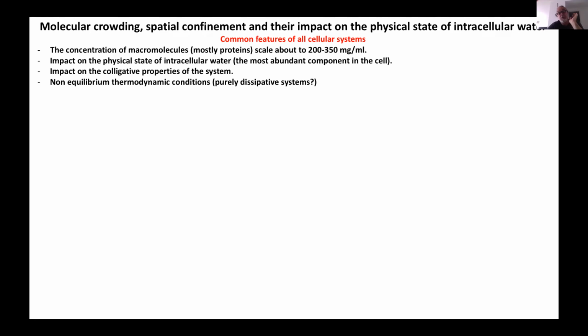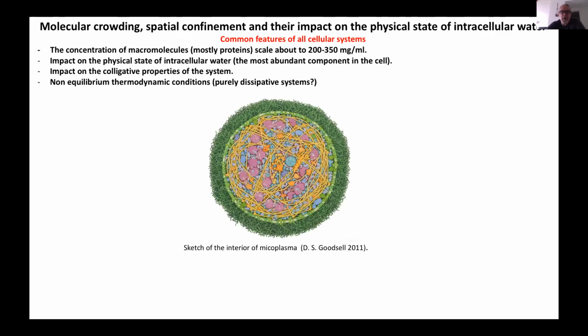And it also leads to some thermodynamic considerations about whether you can really consider the system as purely dissipative. When I'm talking about crowding, I'm talking about something like what I show you here. This is a sketch of the interior of a mycoplasma. If you try to locate water molecules in between the macromolecules inside the cell, in one dimension you are talking about no more than 10 molecules of water.